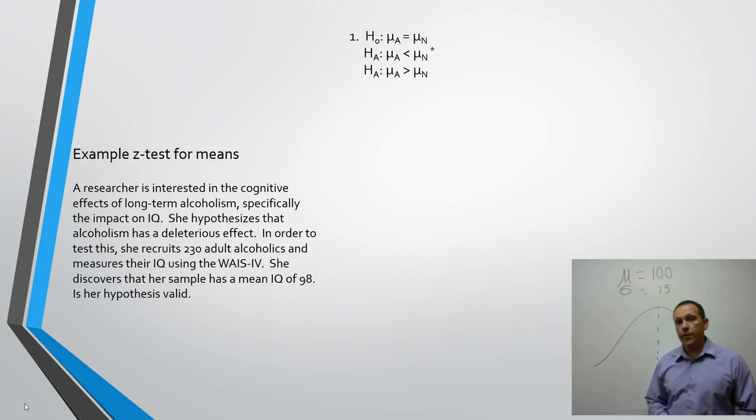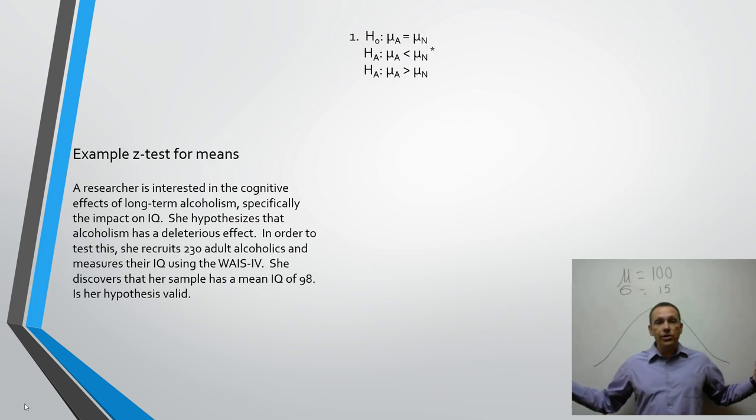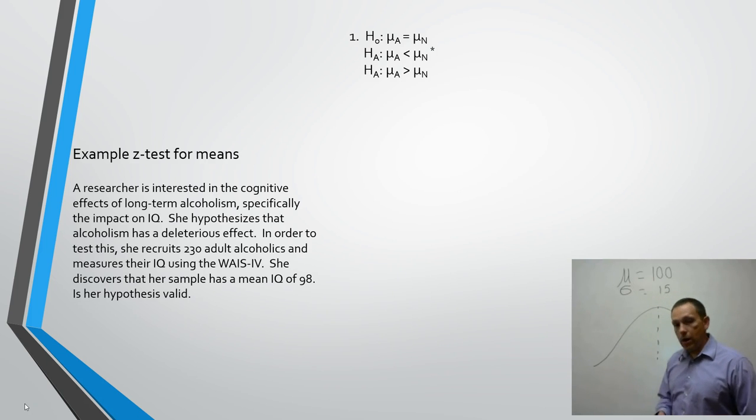So the hypothesis we want to list for that is the IQ for the population of alcoholics is actually greater than that of the population for non-alcoholics. Again, because we want to leave both ends open as a two-tailed test to see what the implications are. Okay, so that is our hypothesis.